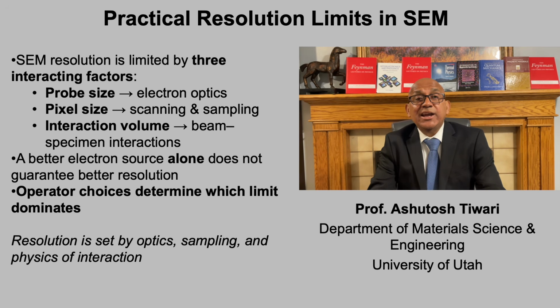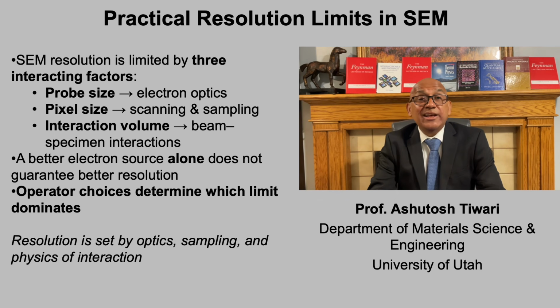Now that we understand how an image is formed in the SEM point by point, we can examine what actually limits resolution in practice. In SEM, two features can be resolved only if they occupy different pixels in the image. If two features fall within the same pixel, their signals are averaged and they appear as a single feature.